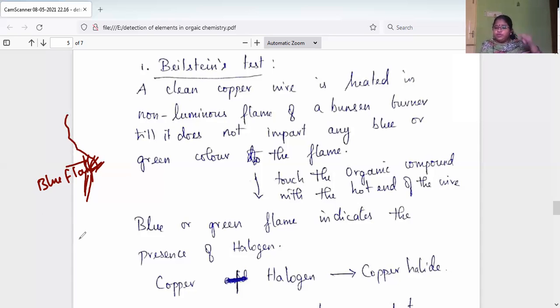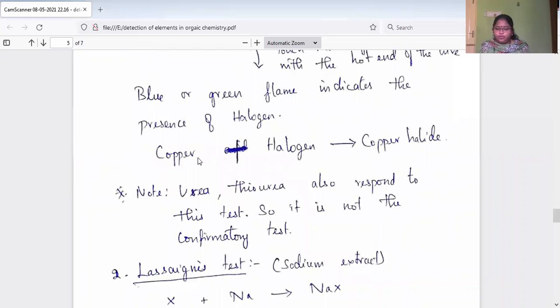After a while, if you get the blue or green flame again, that indicates it has a halogen in it. That means the copper wire reacts with the halogen and becomes copper halide, which gives the bluish or green flame at the end.